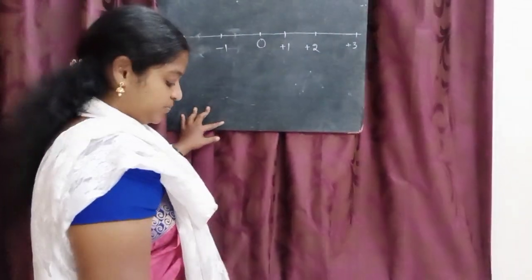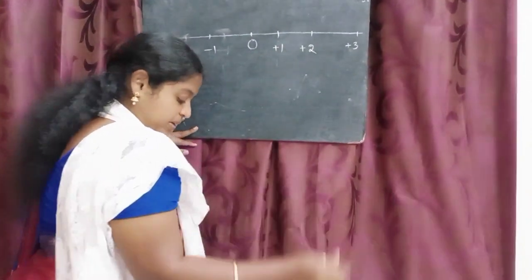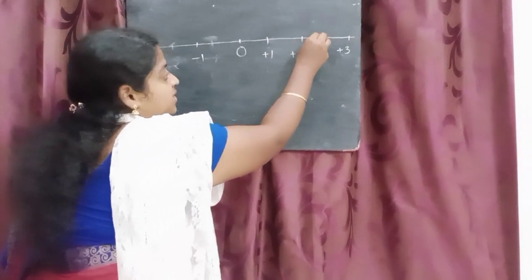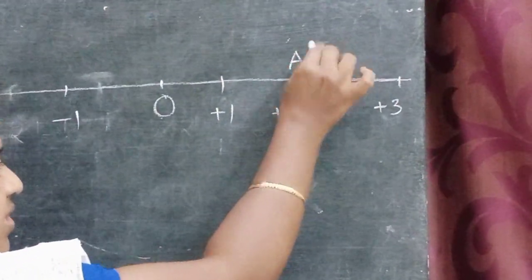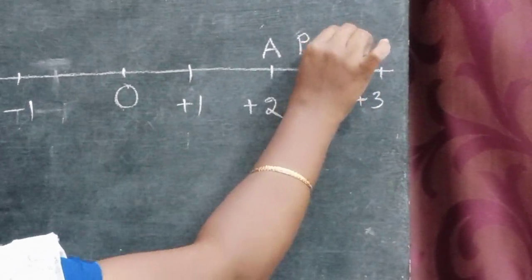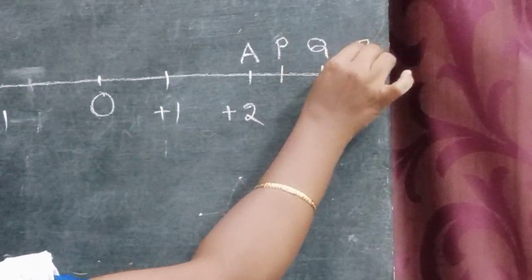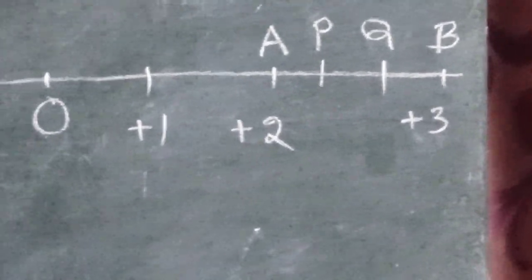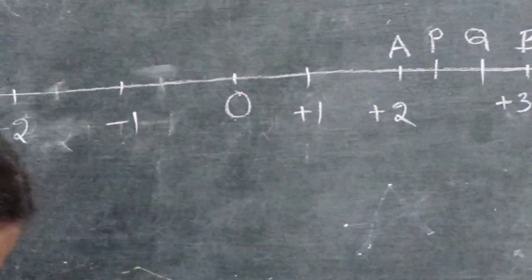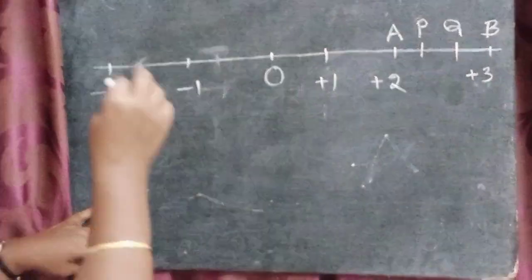Clear till here? Now, how many parts have they divided? Here it is 3 parts. Here it is A, the second one is P, another one is Q, the last one is B. A, P, Q, B. And here it is from 1 to 2.